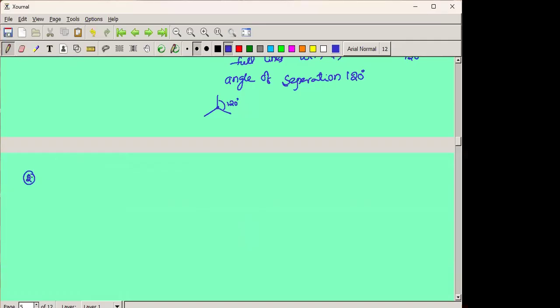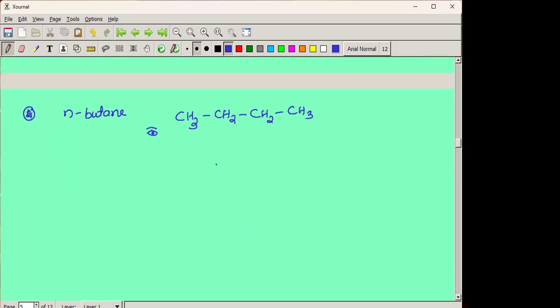Here I'm going to take n-butane as the second example. So this is the structure. If we visualize the molecule like this, what do we expect? This is the front carbon atom, this is the rear carbon atom. Is it right?